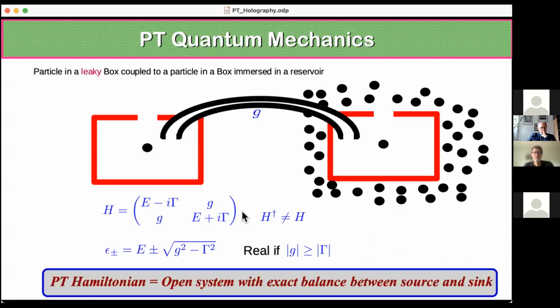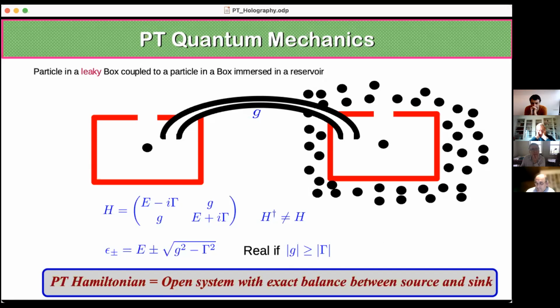This is certainly a non-Hermitian Hamiltonian, but surprisingly, the energy eigenvalues are real as long as the tunneling amplitude is large enough compared to the escape rate. As far as I understand, this is the paradigmatic example of what PT Hamiltonians mean, namely that they describe open quantum systems with an exact balance between source and sink.